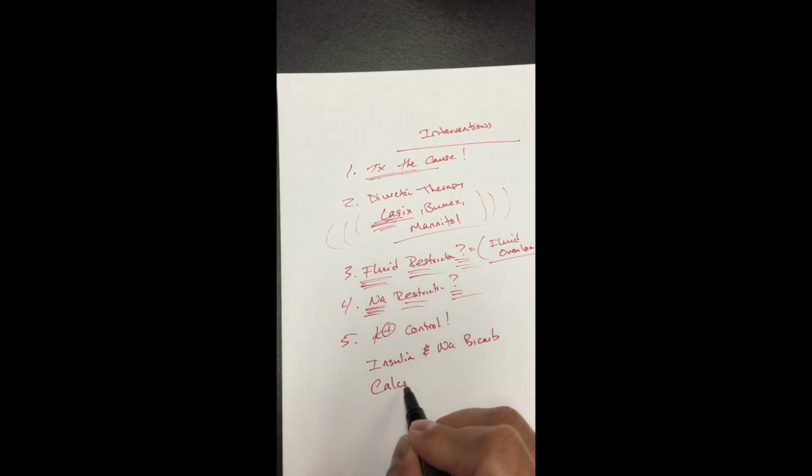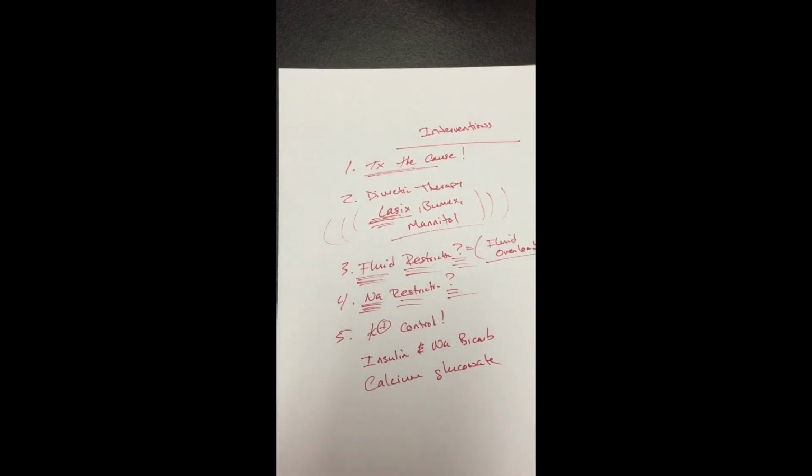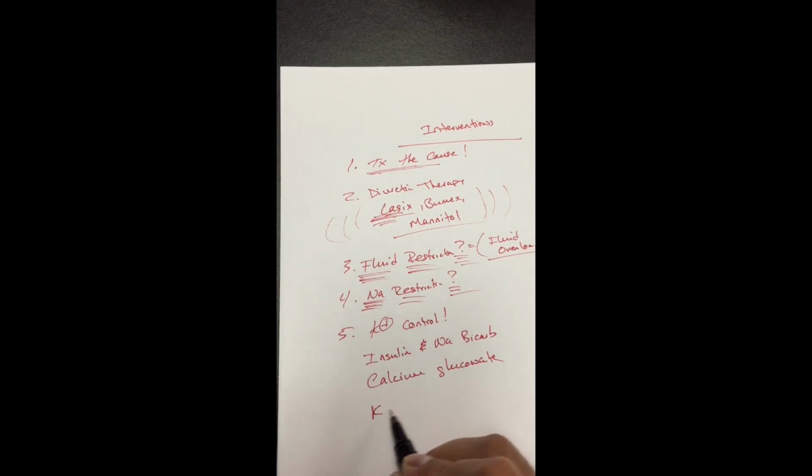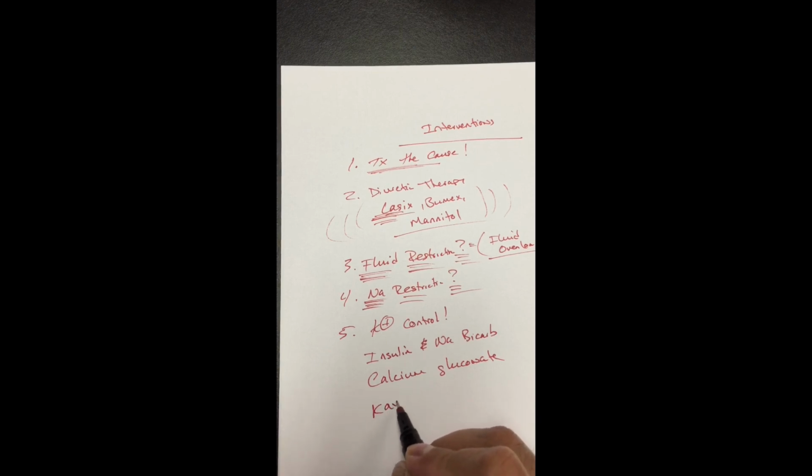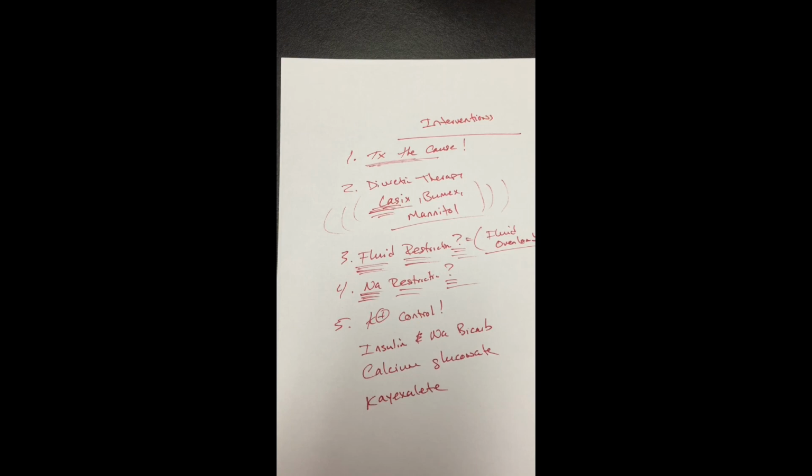Then give calcium gluconate. Or you can give something like Kayexalate. Now this will remove potassium from the body.